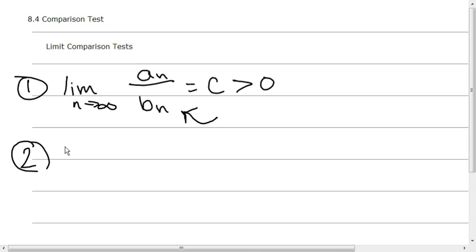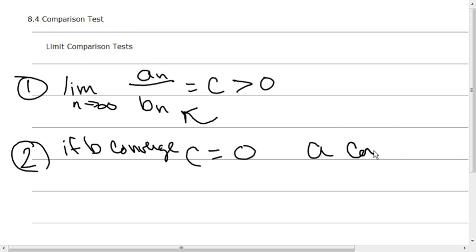Number two, it deals with the limit when c is equal to 0. In this case, if b converges, then a also converges.